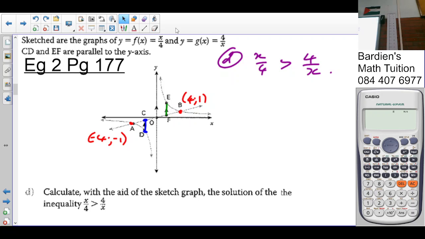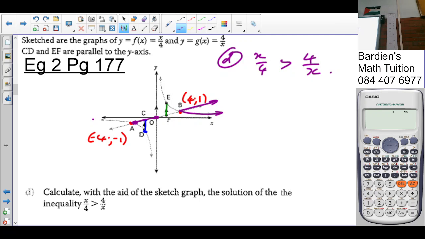Right, so where's the straight line on top of the hyperbola graph? From left to right. Is the straight line on top of the hyperbola graph here? No. Here? Yes. From there till which point? Till 0, yes. Then what do you notice? The hyperbola is again on top. And then from there onwards the straight line is again on top.